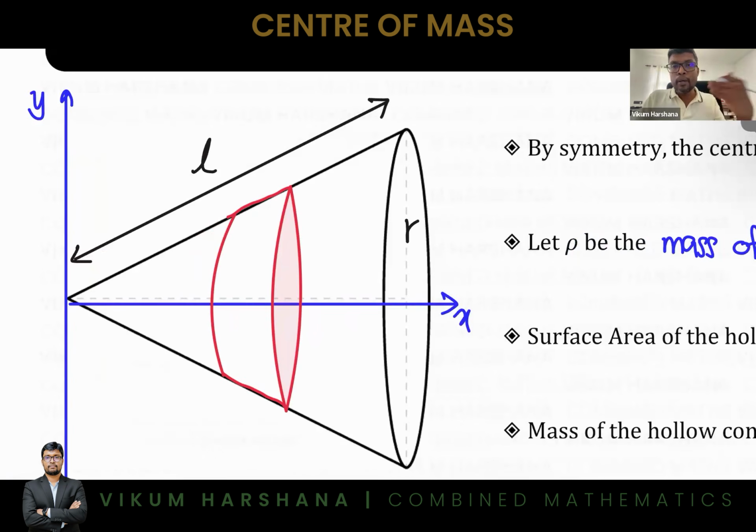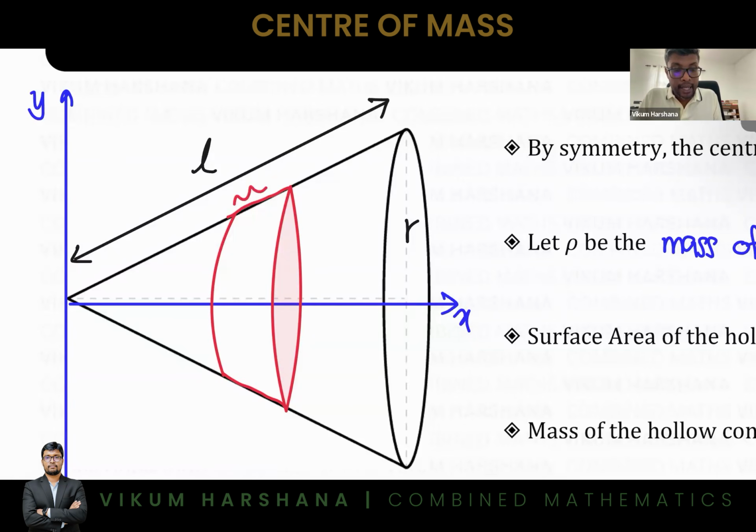So mass is distributed along the surface, okay? So you have to focus on the surface now. You can't change the surface now, right? When you change the surface, it changes the mass definitions, right? So let's stick to the slant distances.